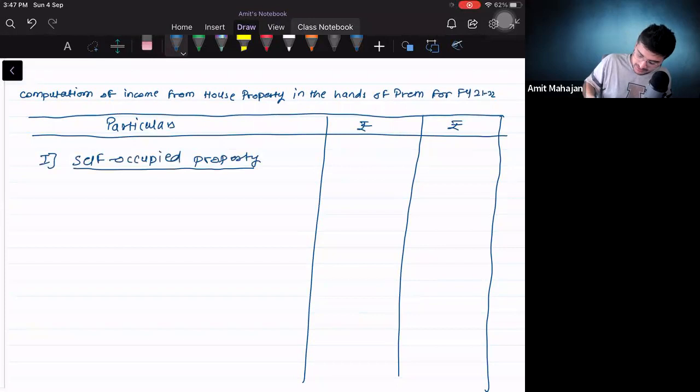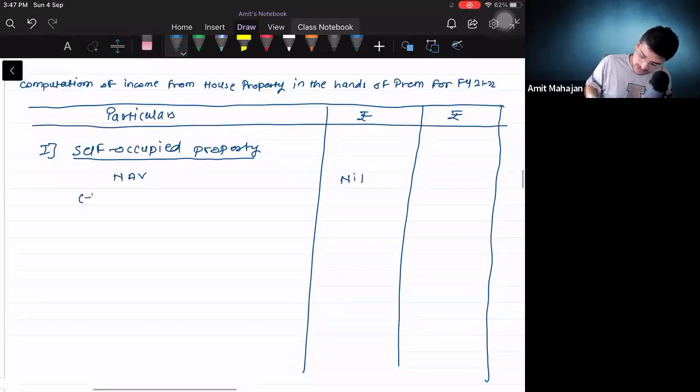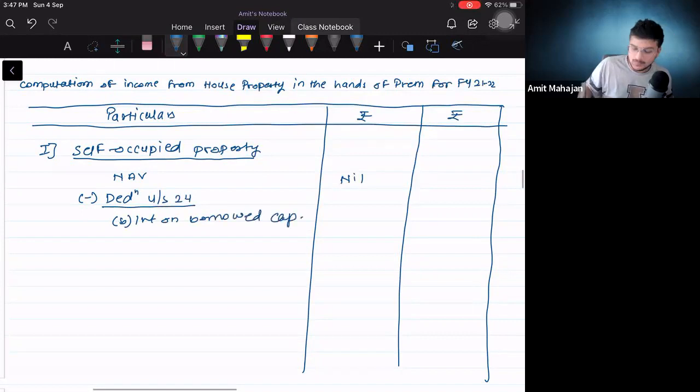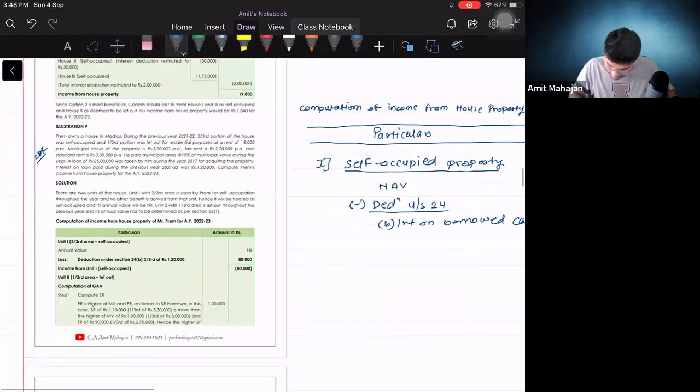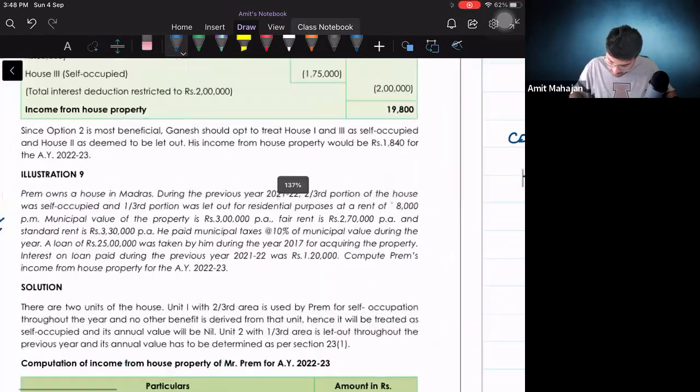Self occupied property, NAV is nil. We will write it in the inner column. But there will be some deduction under section 24. Interest on borrowed capital. Okay, can you identify interest on borrowed capital? कितना होगा?